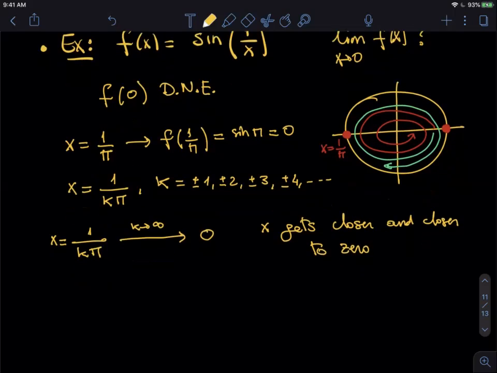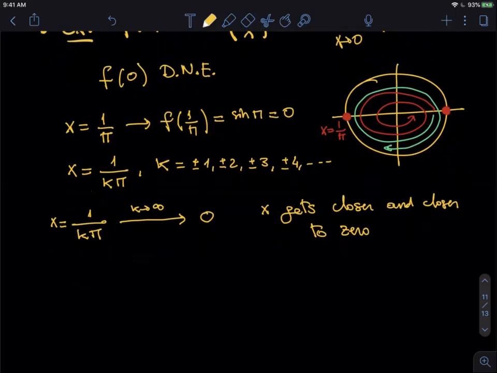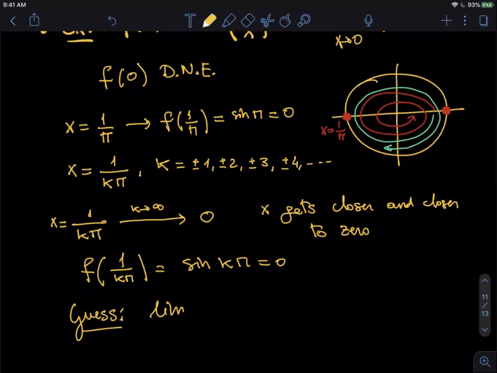Okay, so we could guess, well, f of 1 over k pi is the sine of k pi, which is 0. So we could guess that the limit as x tends to 0 of f of x is 0.